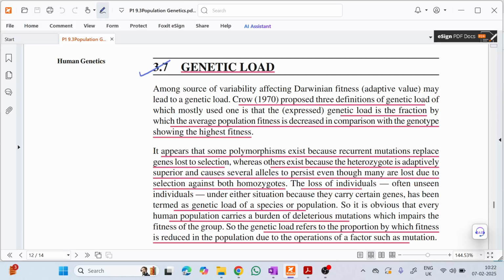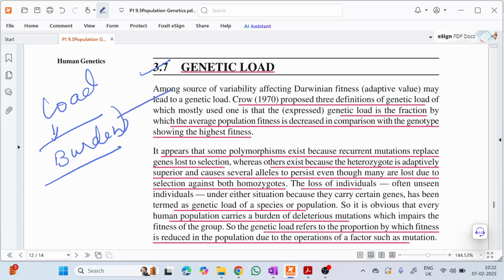Good morning, everyone. I'm going to start with this topic, genetic load, and the chapter is population genetics. So, genetic load, or the load itself, by its literal meaning means a burden, and genetic load means a genetic burden.